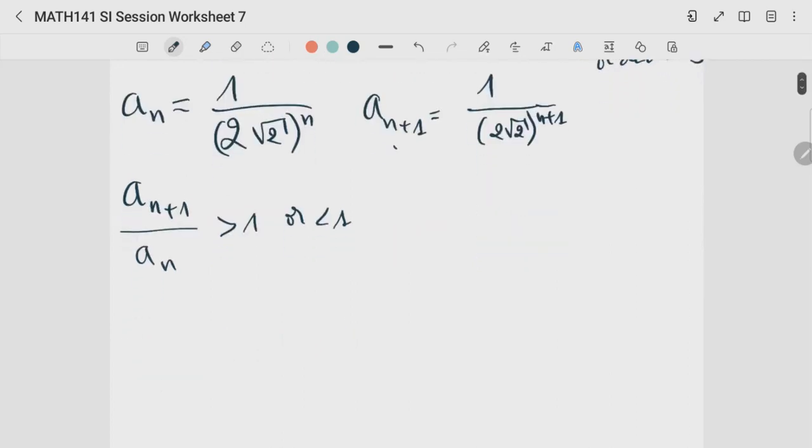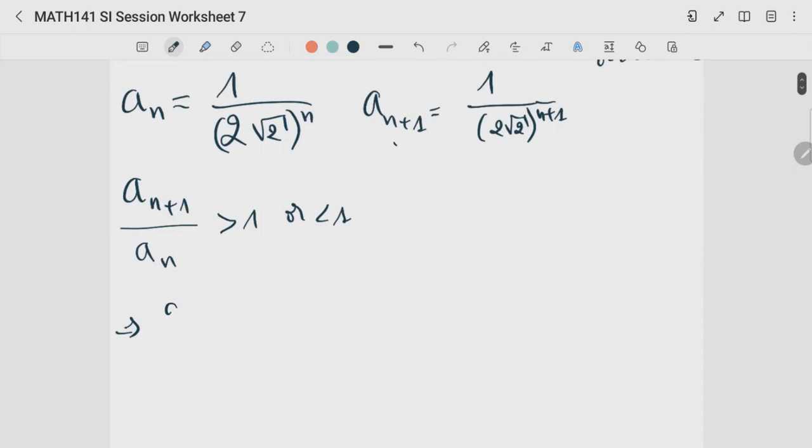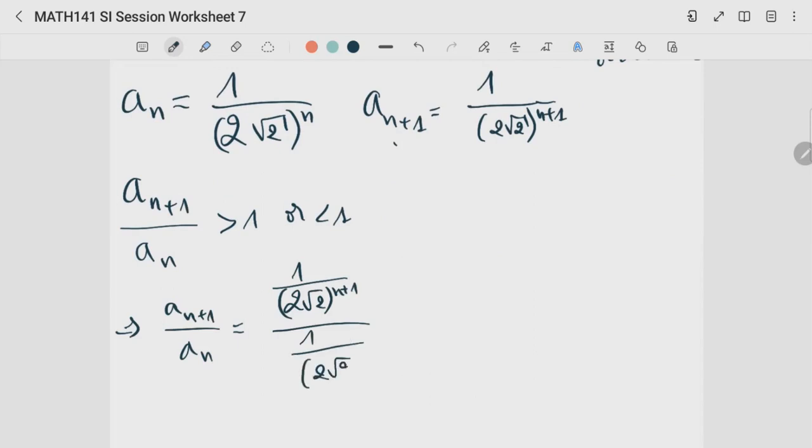And using the concept of the ratio test, a of n plus 1 divided by a of n just gives us 1 over 2 root 2 to the n plus 1 divided by 1 over 2 root 2 to the n. And this is just 2 root 2 to the n divided by 2 root 2 to the n plus 1. Right?